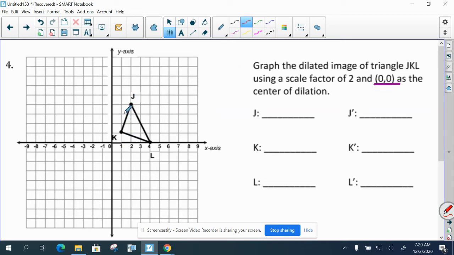So J is (2, 4). So J' is going to be (4, 8). So 4, 1, 2, 3, 4, 5, 6, 7, 8. Right? And then K is (1, 1). So K' would be (2, 2).